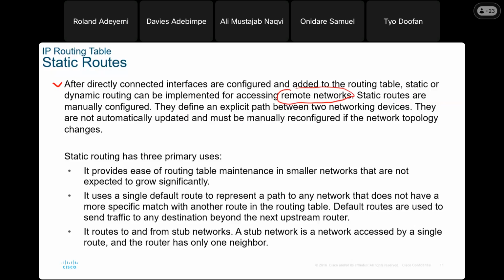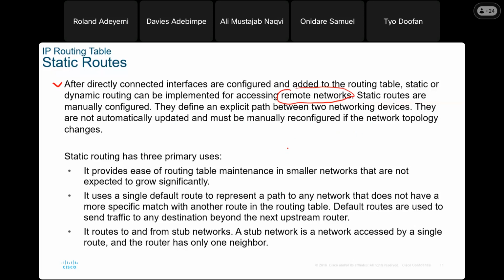Who does the configuration? The administrator. They define an explicit path between two networking devices. They are not automatically updated and must be manually reconfigured if the network topology changes. That is the problem with static route. You must always update the router manually.